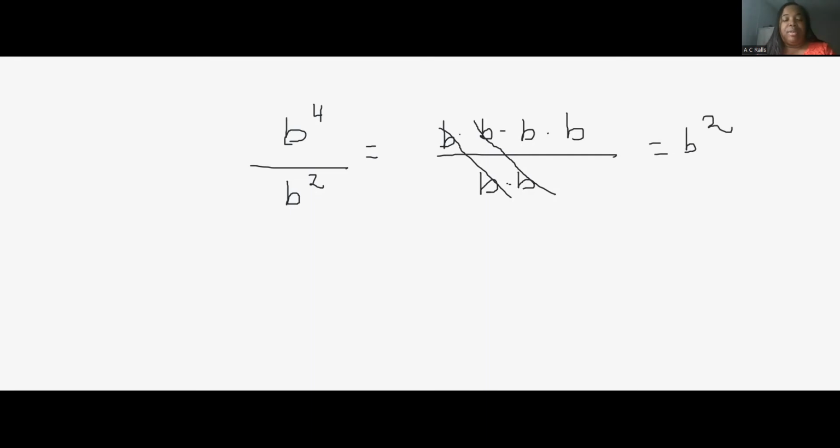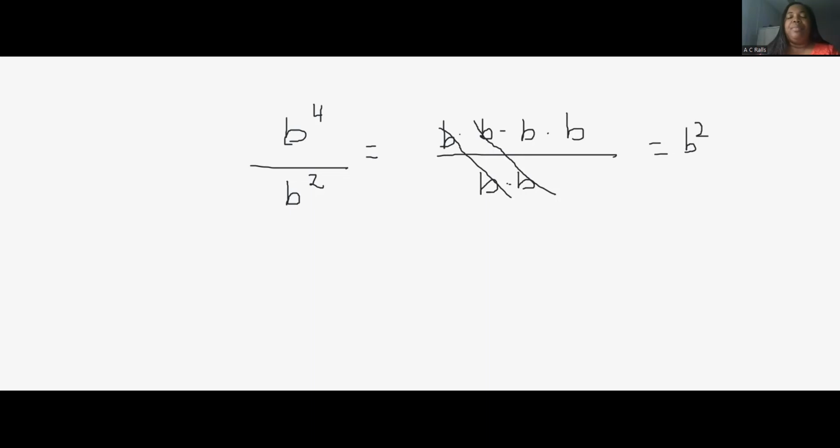Well, if we were to expand that, that'll be b times b times b times b, and on the bottom, it'll be b times b. Because it says I want to see b 4 times, and I want to see b 2 times. So what's happening to the ones that are on top, they would cancel each other out, really becoming ones. And so we would be left with b to the 2nd power on top, or in our numerator.